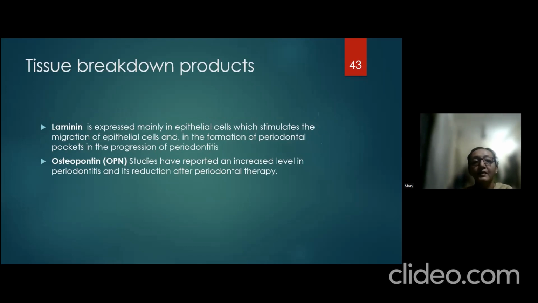Laminin is usually seen in periodontal pockets and is indicative of periodontitis, and an increased level of osteopontin is often seen in periodontitis, and there will be a reduction of the same in periodontal therapy. So the increase is indicative of active disease, and the decrease is indicative of effective periodontal therapy. So it can be used both as a diagnostic tool as well as a prognostic tool.